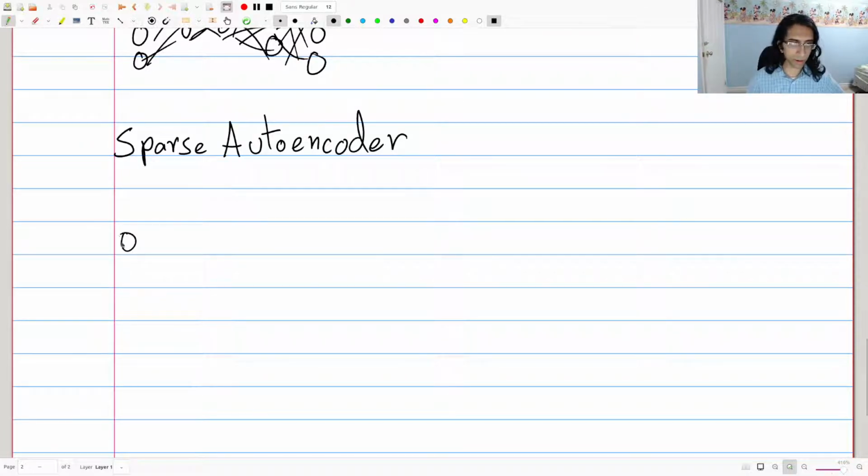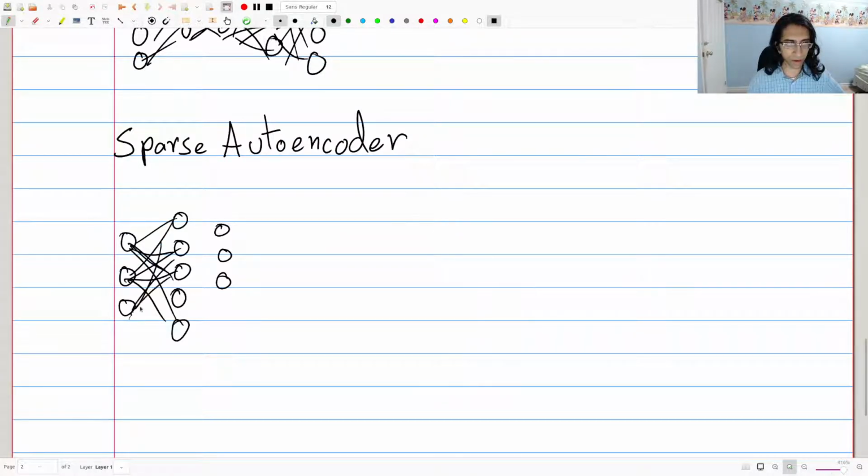So for example, imagine we have something like this, and our so-called bottleneck layer in sparse autoencoders is sometimes even wider than the input. This will still be interesting due to the type of objective function we use.